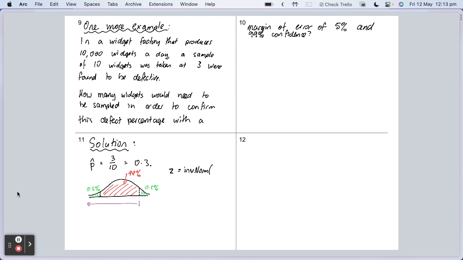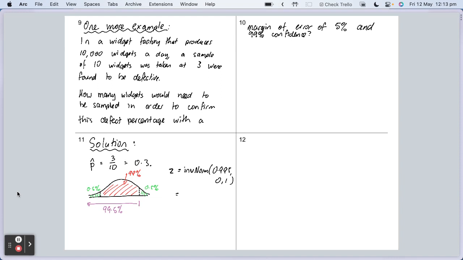So the top end all the way down is going to be 99.5%. That is what we need to feed into the calculator, and it will give me what that edge is there. So our calculation becomes inverse norm 0.995, 0, 1, and that gives us a value.